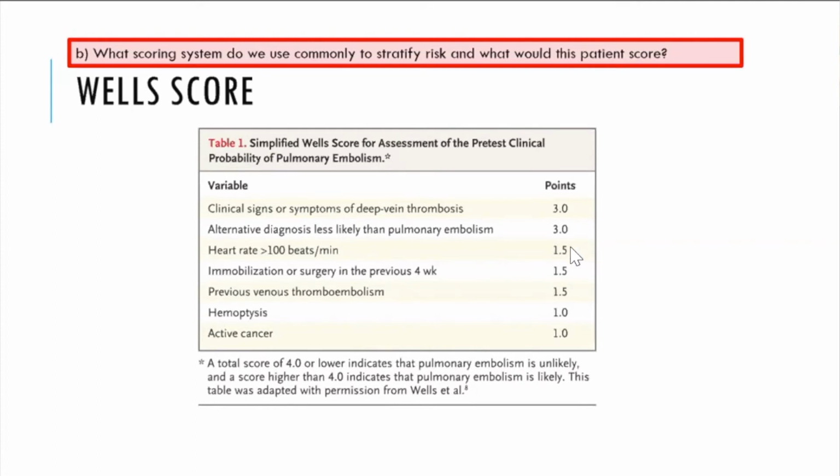They are tachycardic and they've had immobilization, so that's another 3, so that's 9. And they've had a previous venous thromboembolism, the previous DVT, so they would score 10.5. You only need a cutoff of 4 to qualify you as high risk. So this person is immensely high risk for having a PE or some kind of VTE.